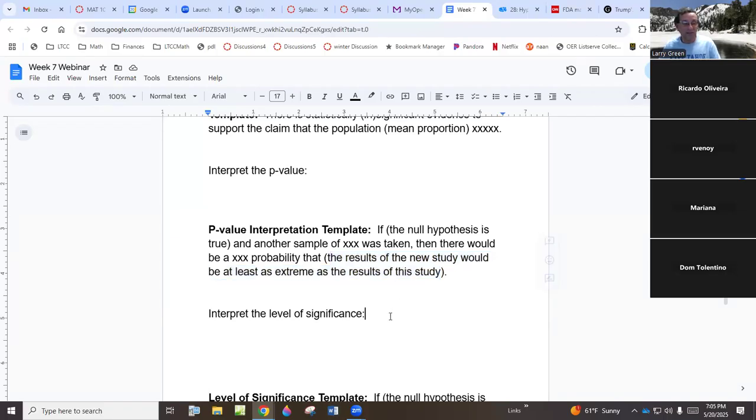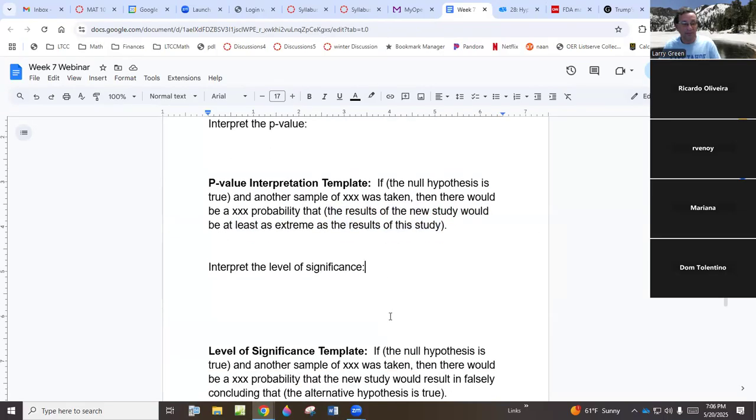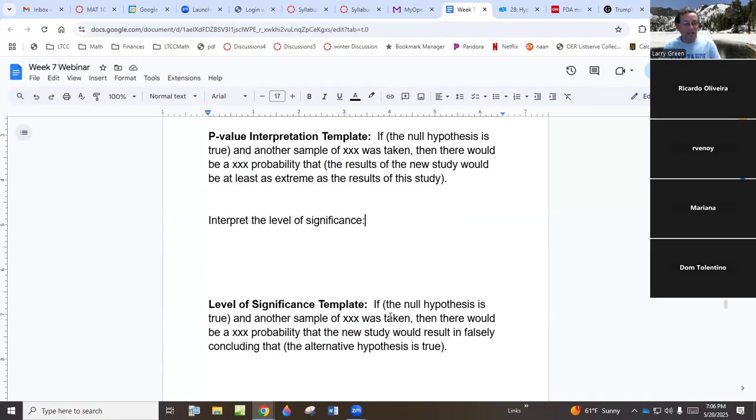Any questions on that? And similarly, the level of significance template is exactly the same all the way up until the word A right here.